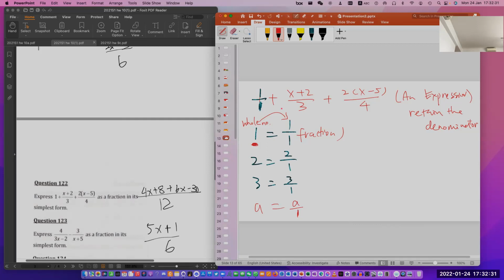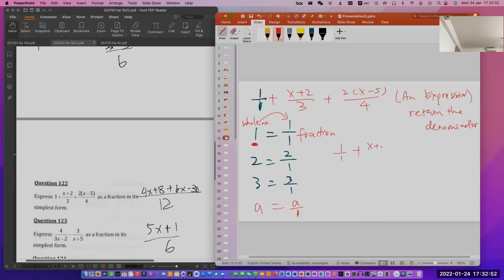So that's how you transform it into a fraction. That's how I transform my 1 here into 1 over 1. Why I want to transform it into 1 over 1, I'm going to explain to you. You will see it later on. Once I get my 1 into 1 over 1, I'm going to write it here.